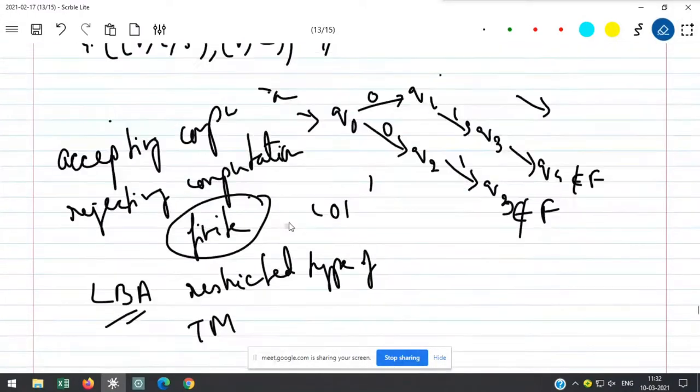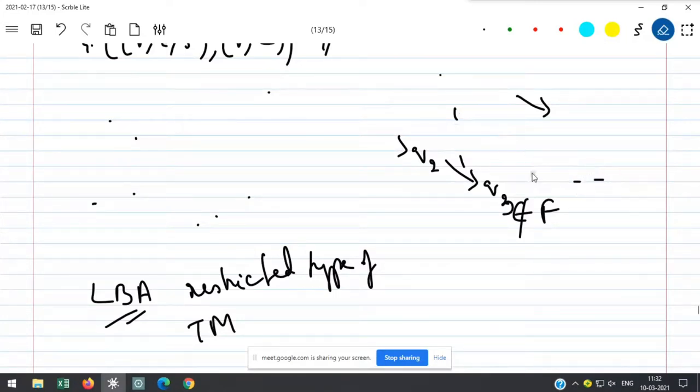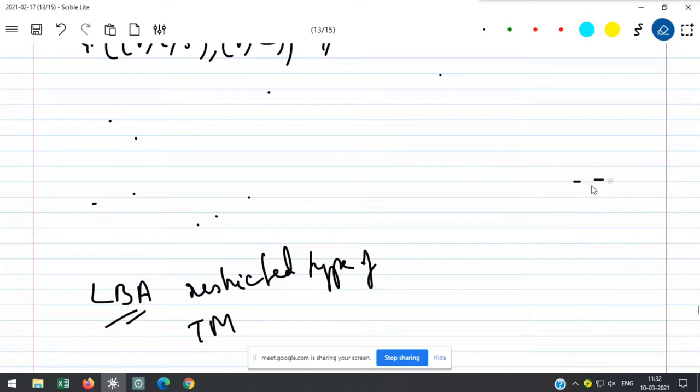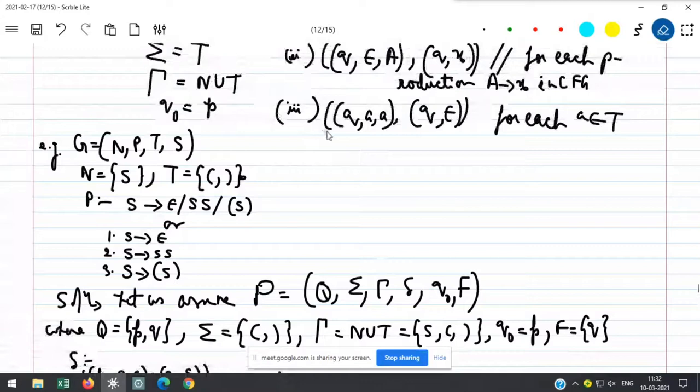Okay. Now, as per the rule number 3, what we need to do is for all the terminals provided to us via this context-free grammar, we need to insert transition function of rule number 3. So let me just show you rule number 3. As per rule number 3, for all the terminals present in this set of terminals, you have to insert a transition function of this kind. So let me do it.